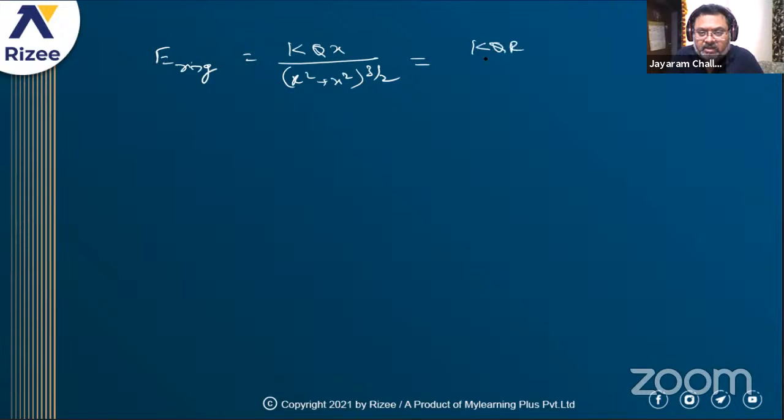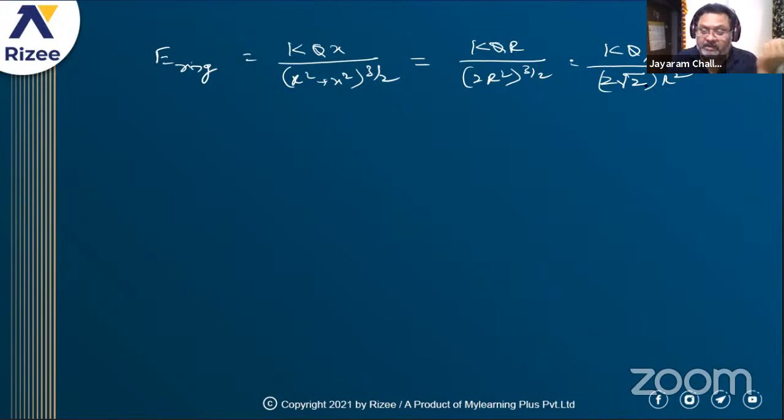So that means kQr by (r square plus r square), that is (2r square) whole power 3 by 2. From this, kQr by, 2 cube is 8, and r square will be cancelled. So this should come out to be 2 root 2 into r. These two can be removed here.